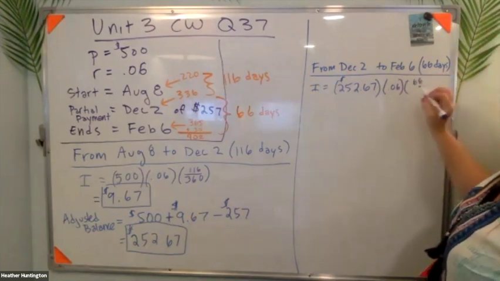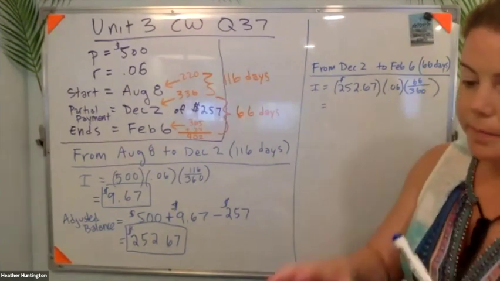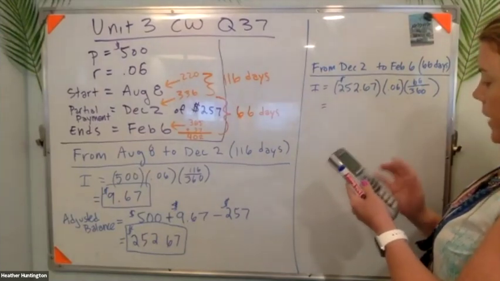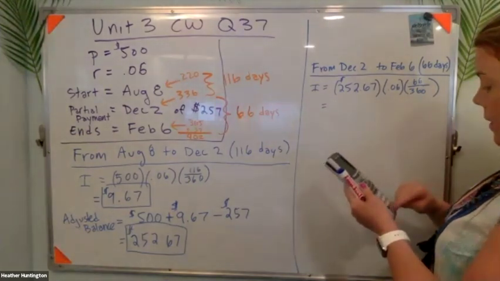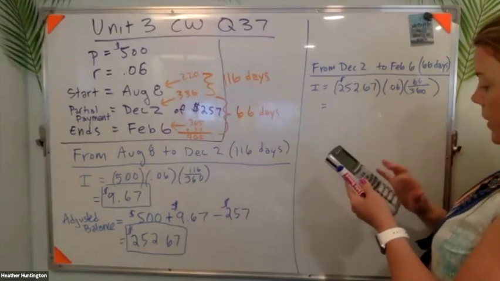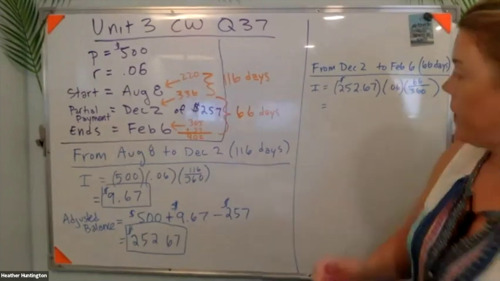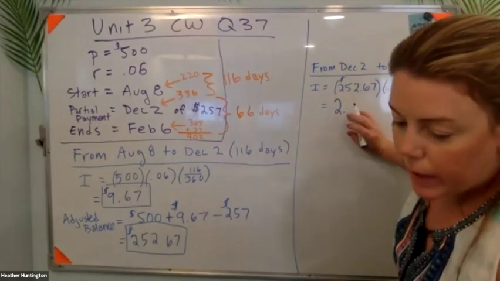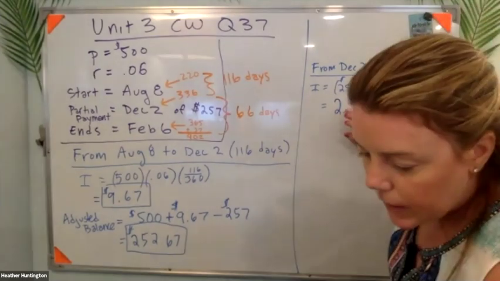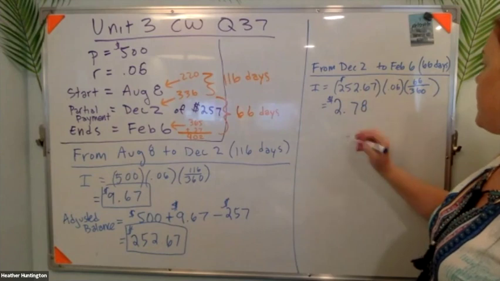So that's 66 days over 360. It might seem like a lot of work or a lot of steps, but if you step back and think about what's going on, it should seem easy. Okay, so now in this time period, we're only paying $2.78 in interest.